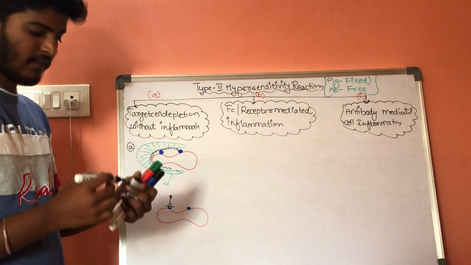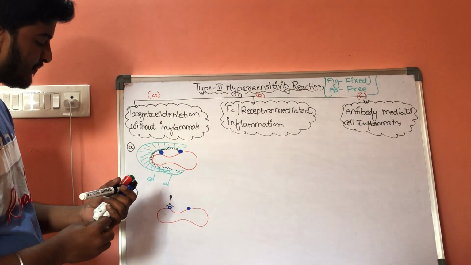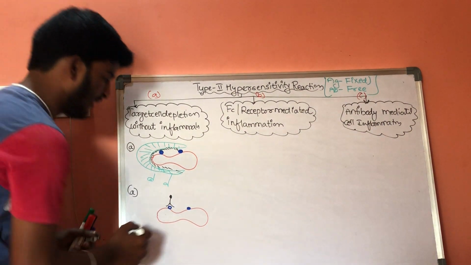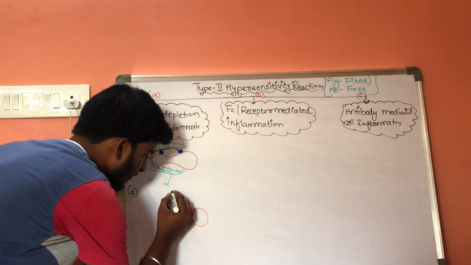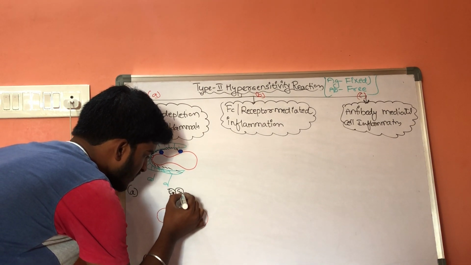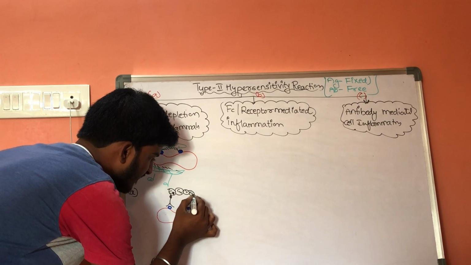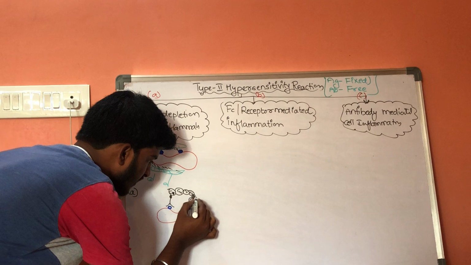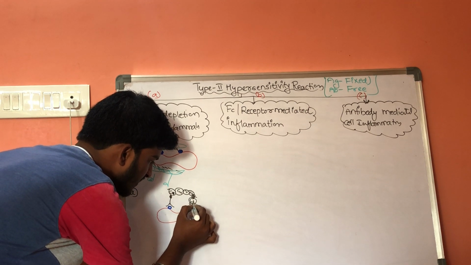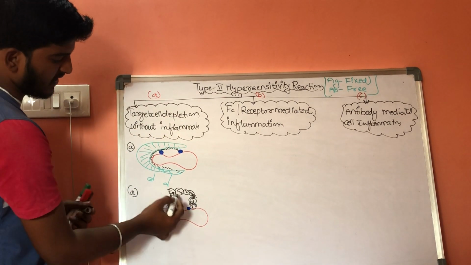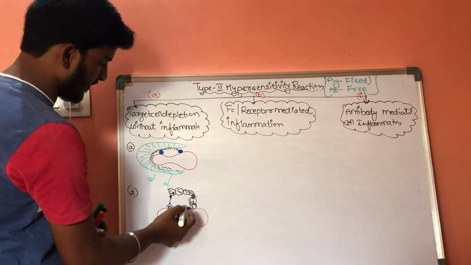When the Fc portion of the antibody is activated, it forms complementary proteins C1, C4, C2, C3, C5, C6, C7, C8 and C9.